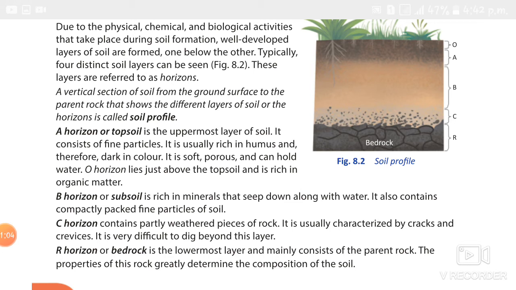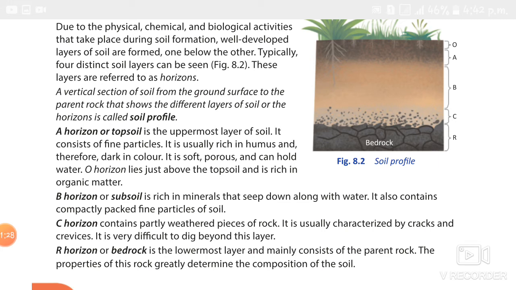So it is the storehouse of minerals. Understand? Other than sand and silt, this layer contains a large amount of pebbles, and it is very compactly packed. That is the second layer, B horizon or subsoil.